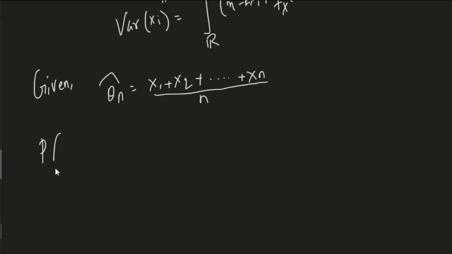So the probability that the absolute value of theta n cap minus theta is greater than or equal to epsilon is equal to... what we see here is that they have a common PDF and can be treated as equals, right?